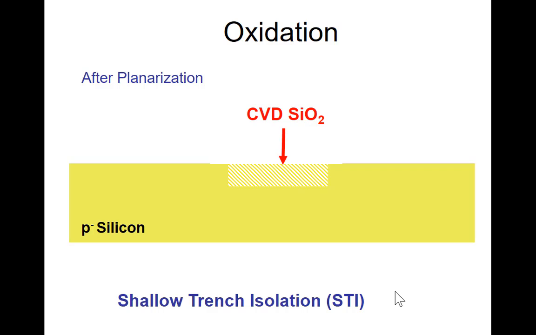If you do CMP, chemical mechanical polishing, then you have a wafer here, and it just keeps rubbing and scrubbing, and anything on the top it will scrub away.